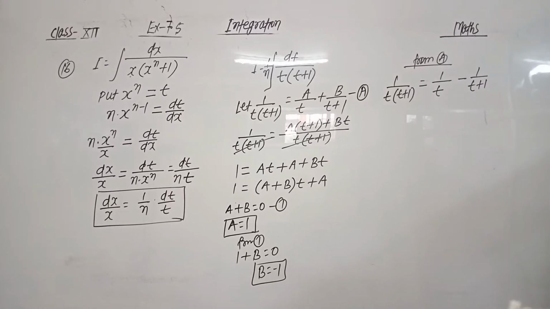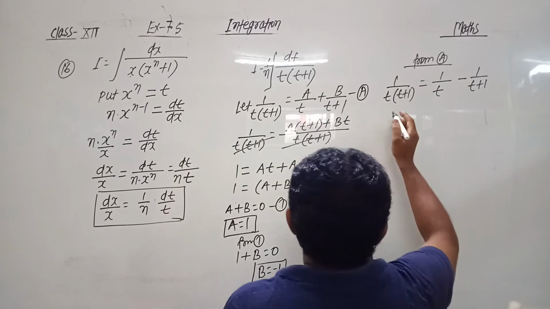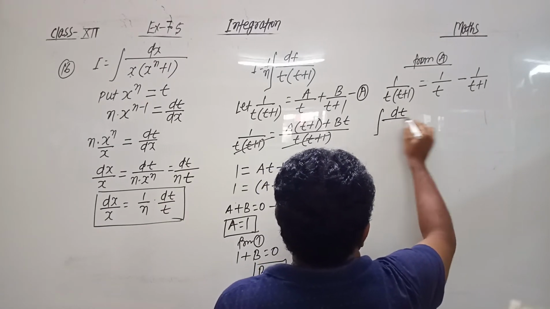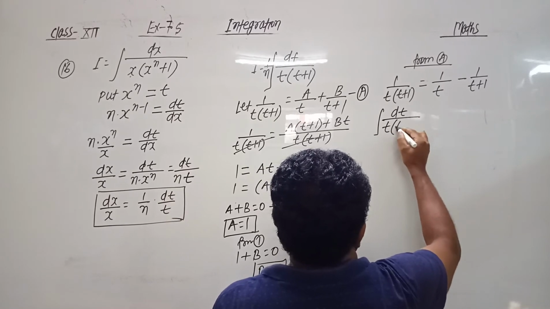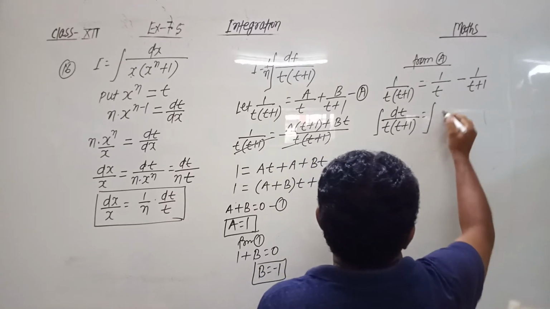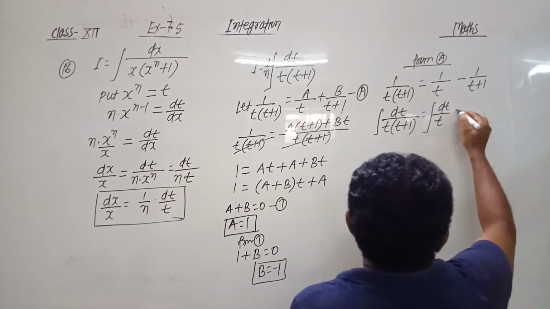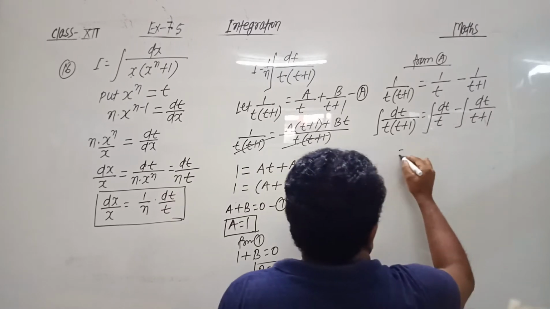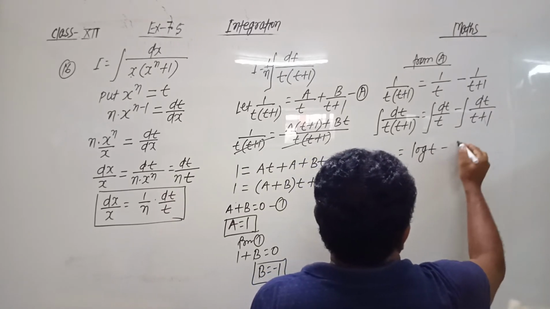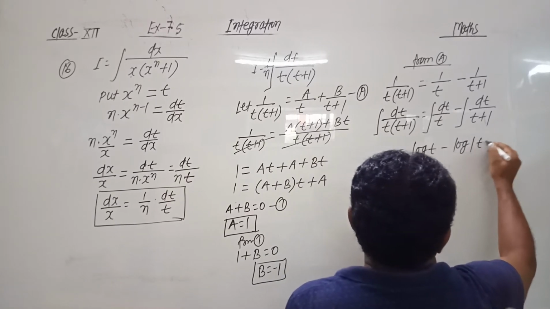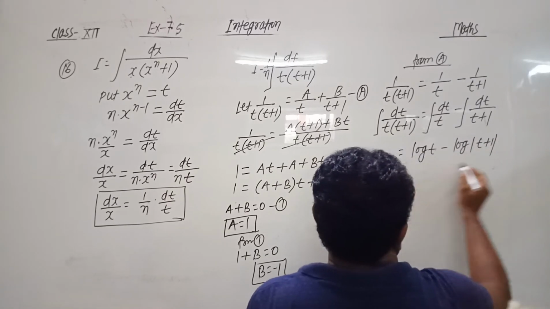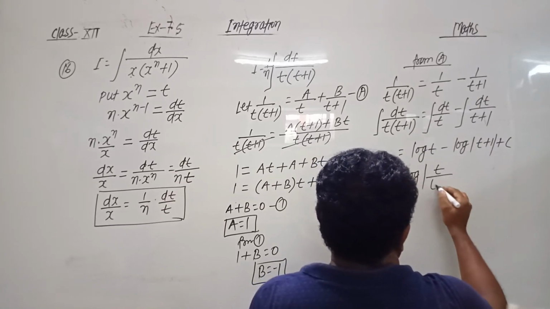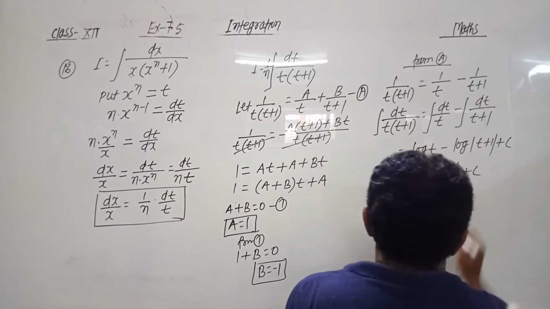Now introduce integration and dt. So dt upon t into t plus 1 equals integration dt upon t minus integration dt upon t plus 1. This gives log t minus log of t plus 1, plus c. This becomes log of t upon t plus 1 plus c.